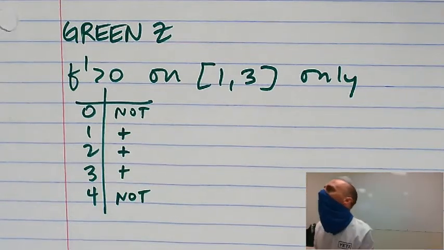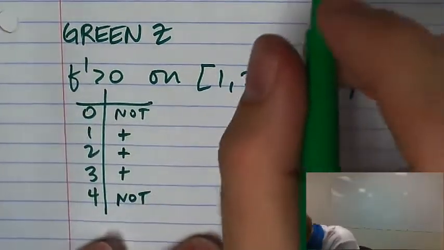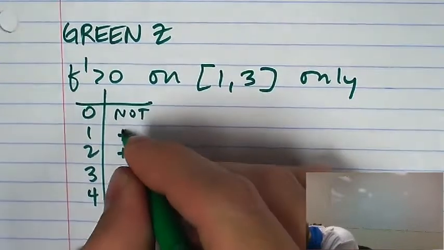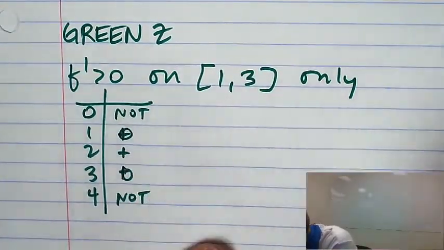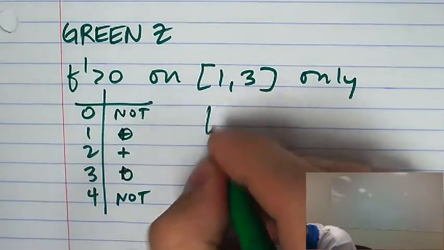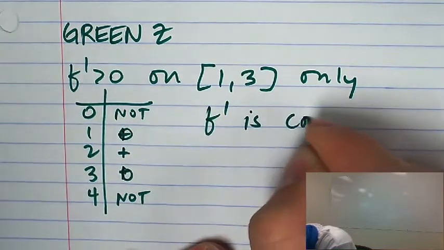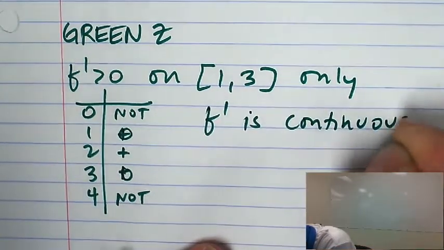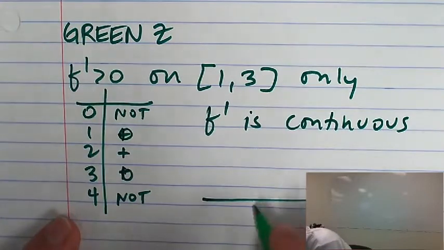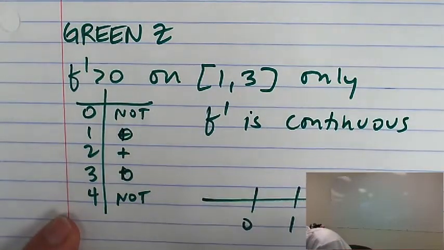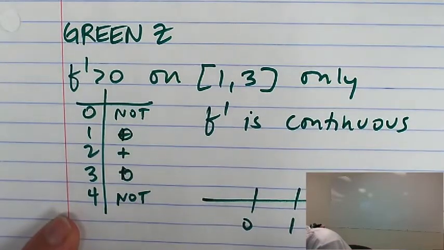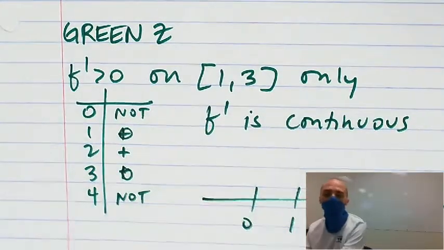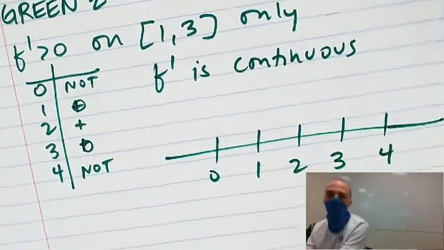It's because of the fine print. These do have to be 0 because, so they give you the little tidbit, f prime is continuous. So let's draw a picture of this, right? Here's 0, 1, 2. Oh, this is tricky. I thought this one was really easy, and it was not. And, okay, hold on.